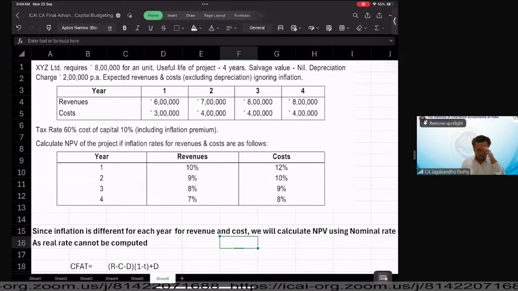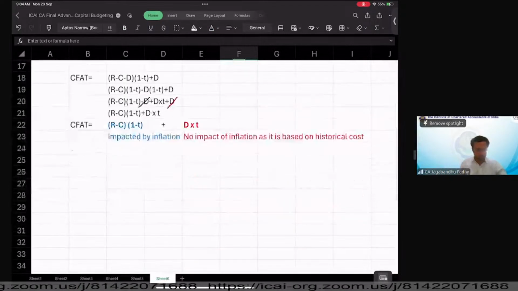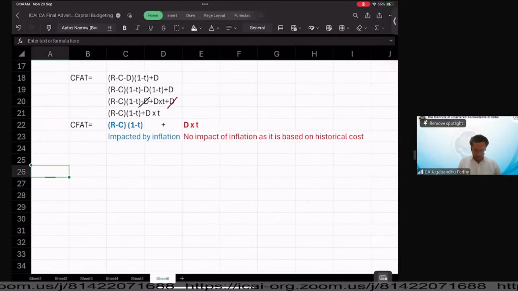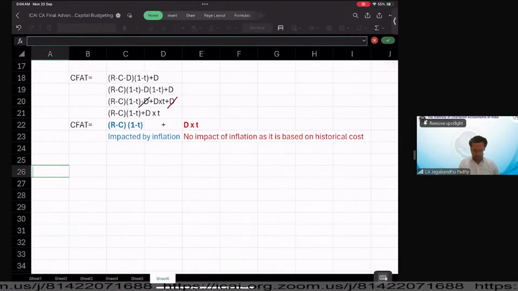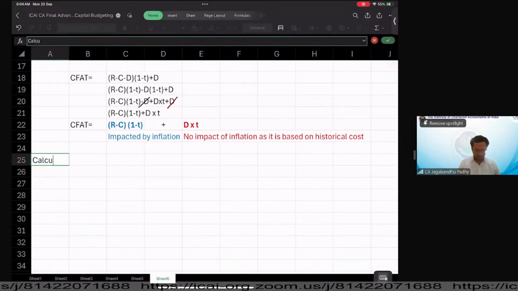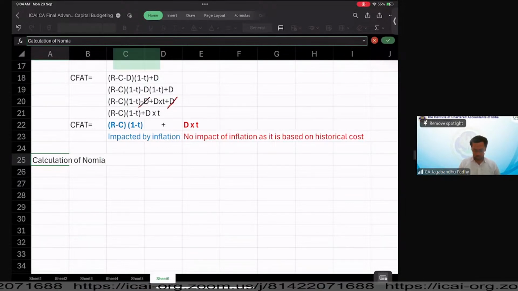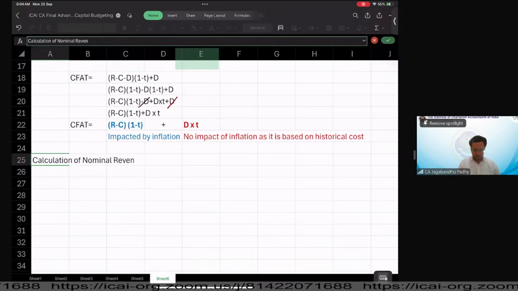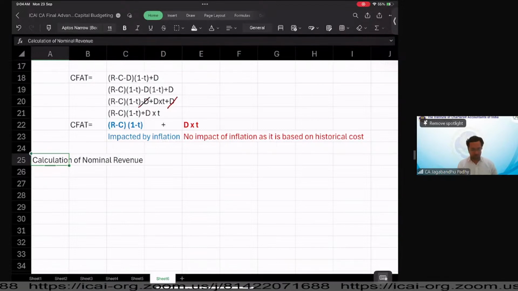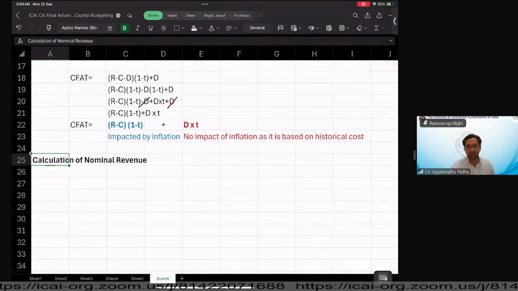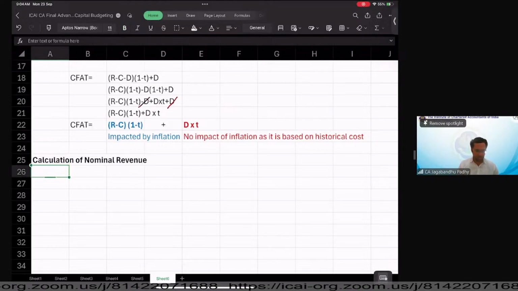Okay, so let's look at this. We'll say calculation of nominal revenue. The first aspect is to calculate the nominal revenue. You can get the nominal revenue by simply writing down the revenue and then adjusting it with the inflation.